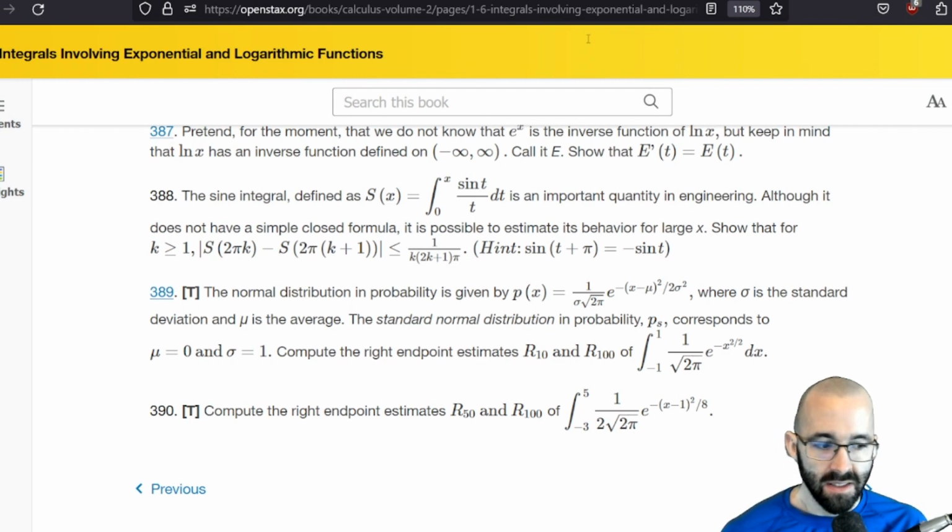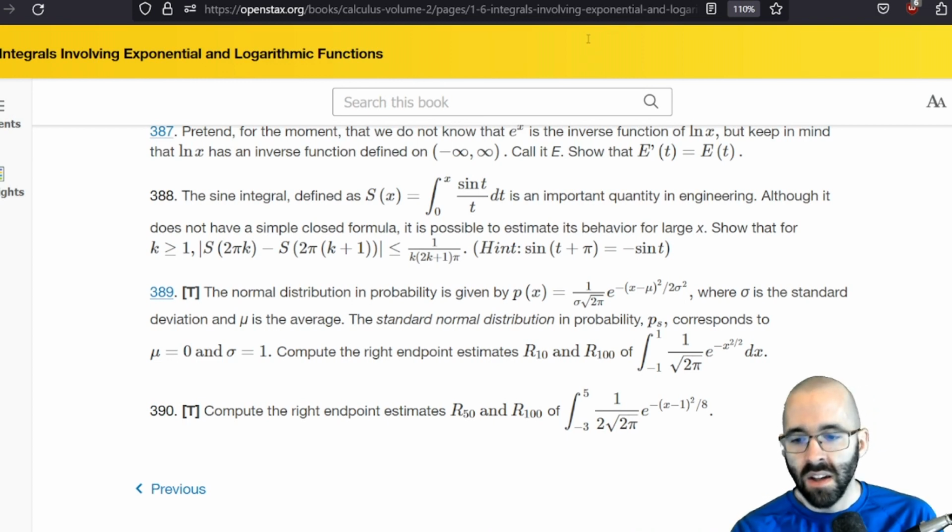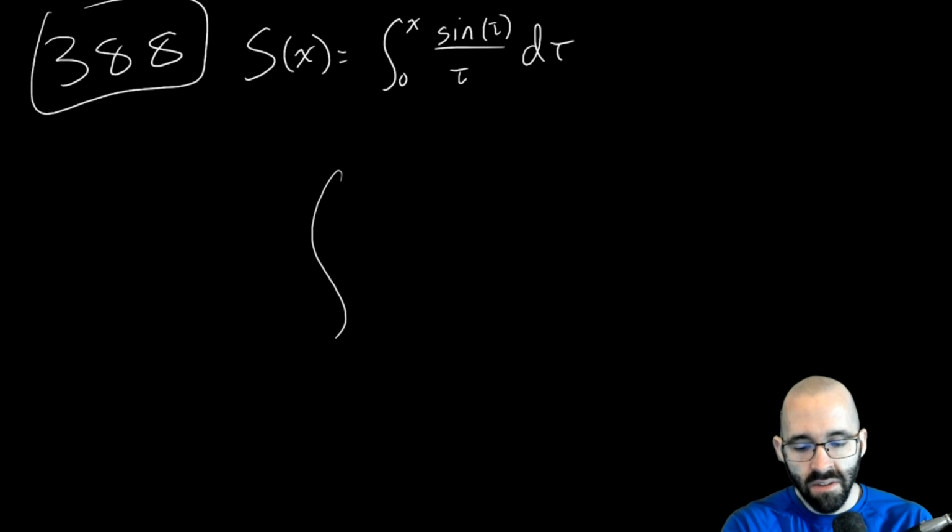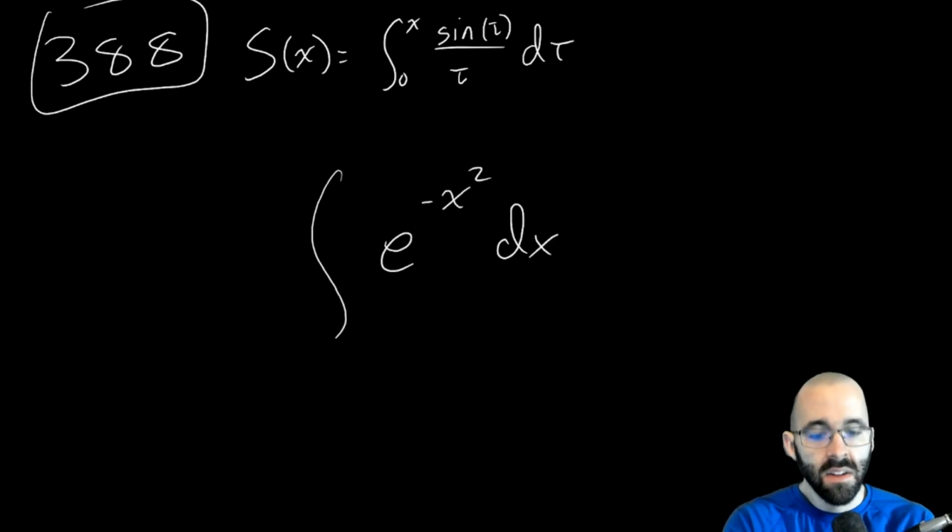what that means is we can find a formula for the derivative of any function, but for some integrals, there's not a formula like that. Okay, again, the very classic one of that is e to the negative x squared.